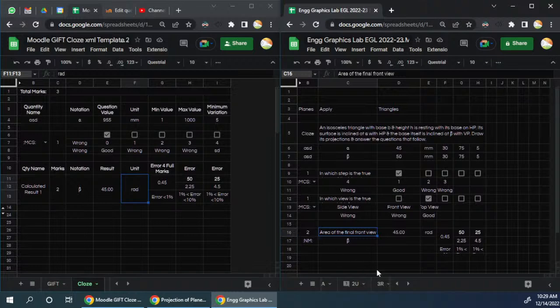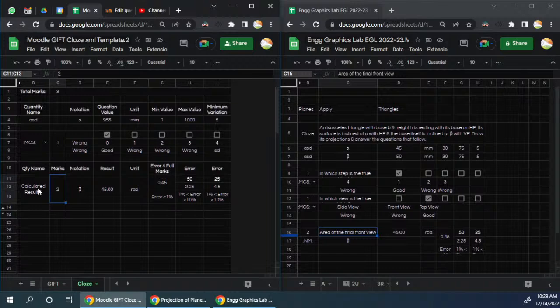So marks. Then that is followed by the marks.